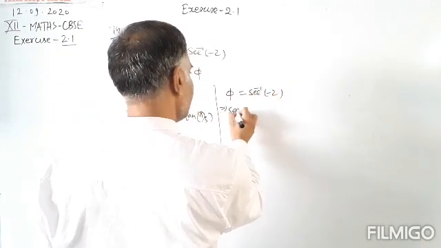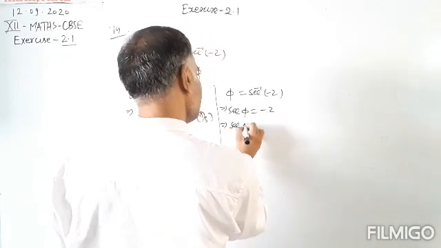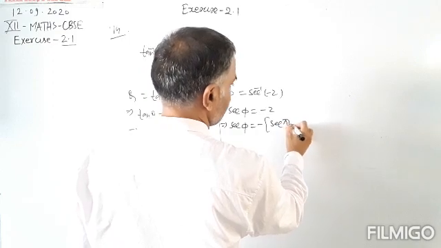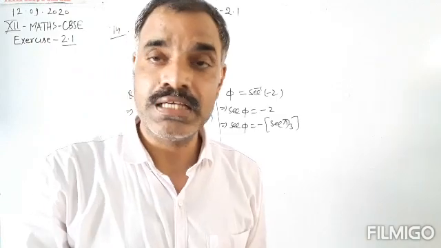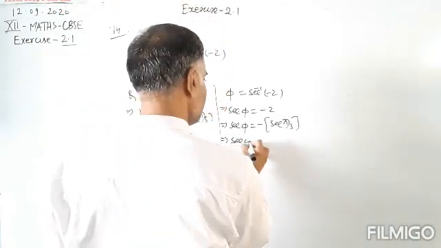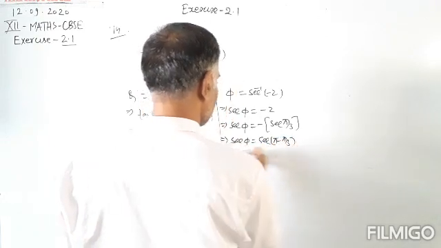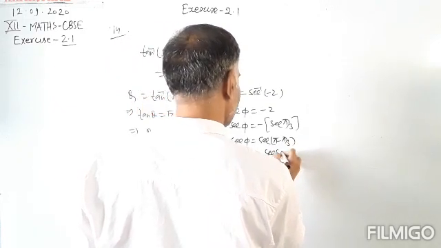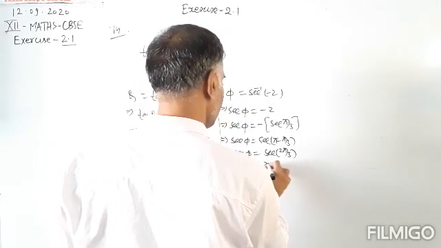So sec phi is equal to minus 2, which is minus sec pi by 3, sec 60 degrees. But here sec is negative, and sec is negative in the second quadrant. So sec phi is equal to sec of pi minus pi by 3, that is sec 2 pi by 3. That is why phi is equal to 2 pi by 3.